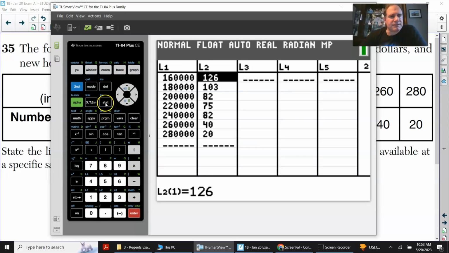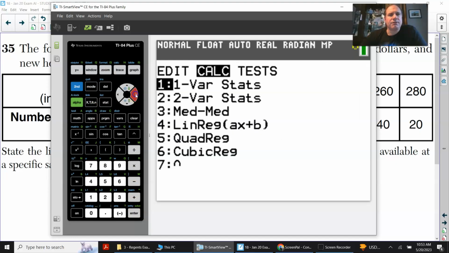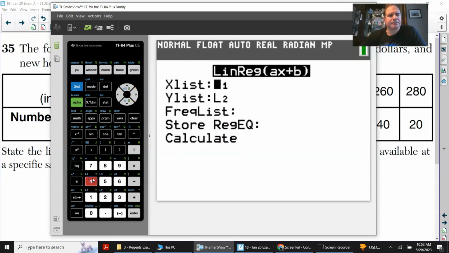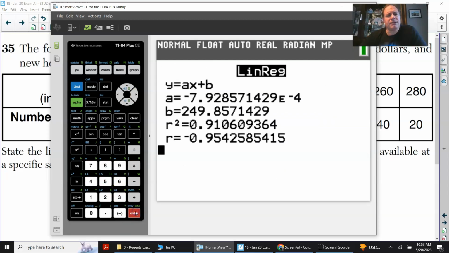And now I'm going to press stat one more time and I'm going to go to calc and I'm going to go to 4, linear regression, ax plus b. And I'm going to press enter 1, 2, 3, 4, 5 times. And there is all the information that I need for this question. All right.